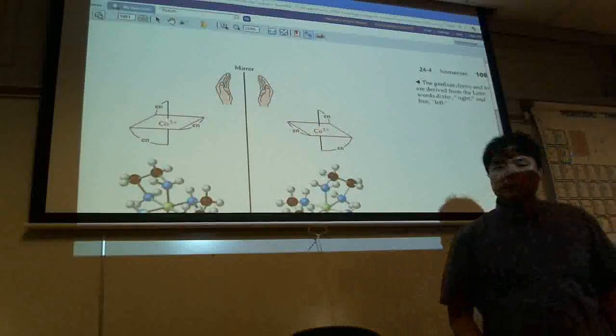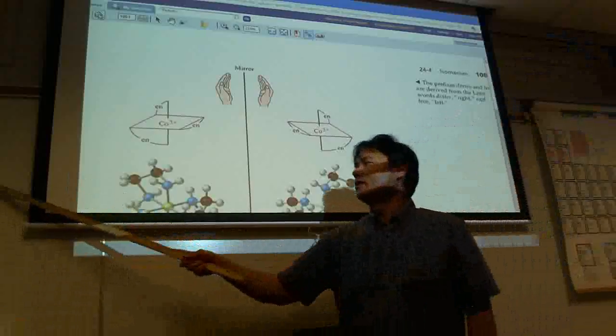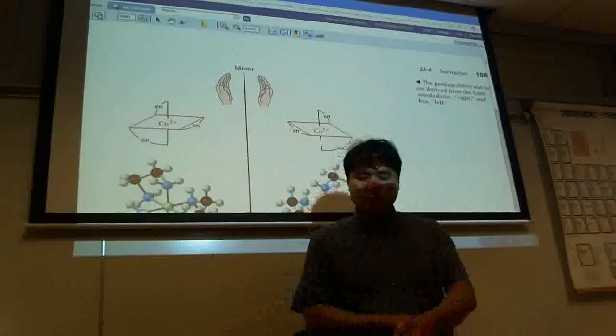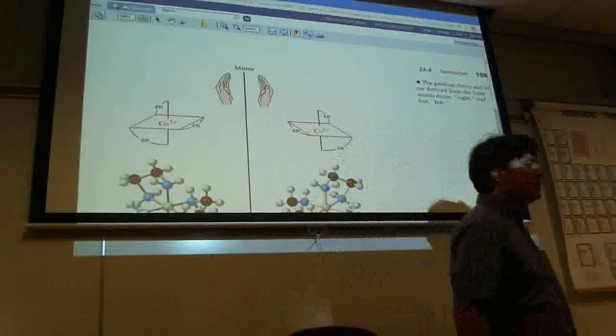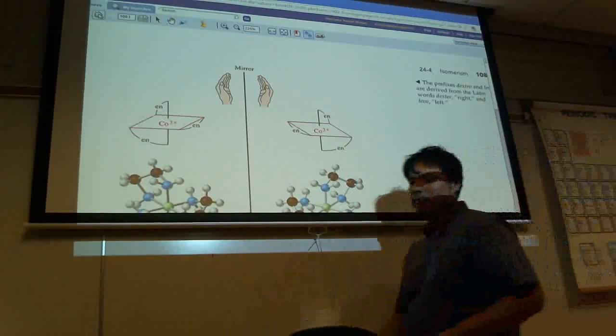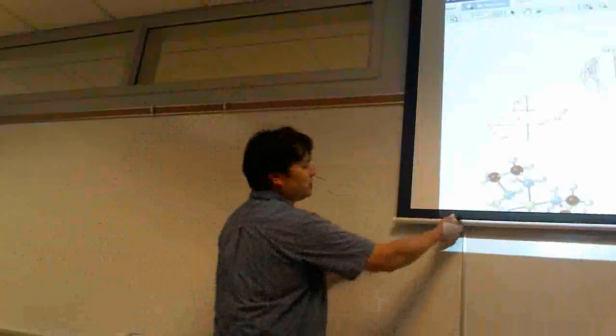And so what you did here was you generated one structure, and then take a look. Its mirror image we can draw. And then we'll try to rotate that mirror image to see if they're superimposable. And so if I draw the mirror image of this here, let's do it.